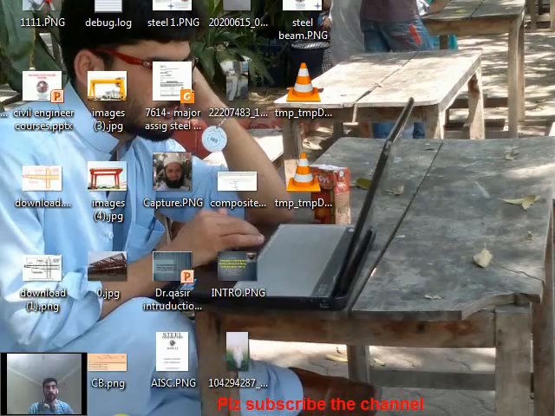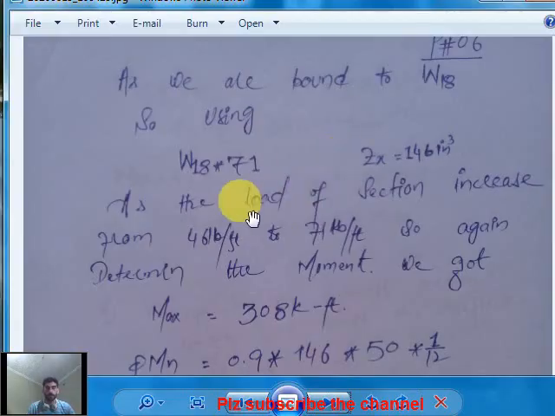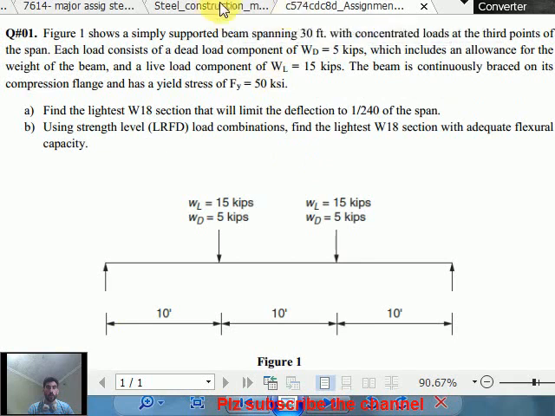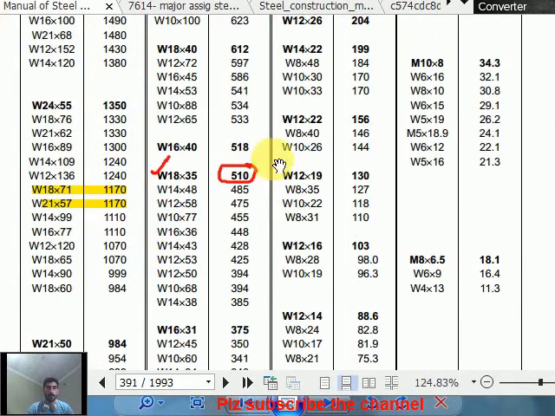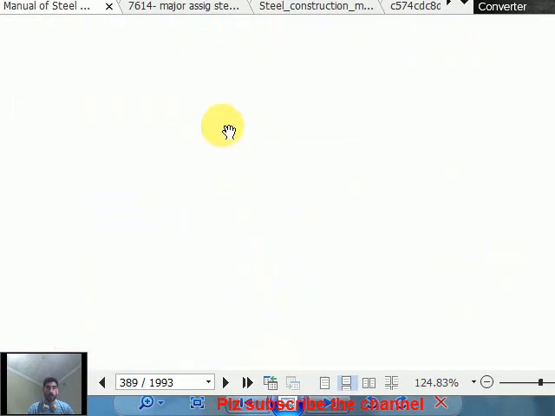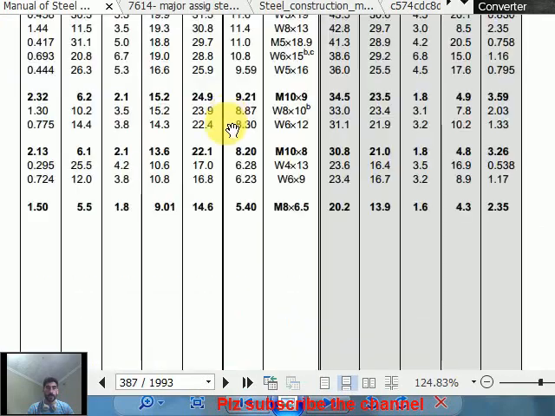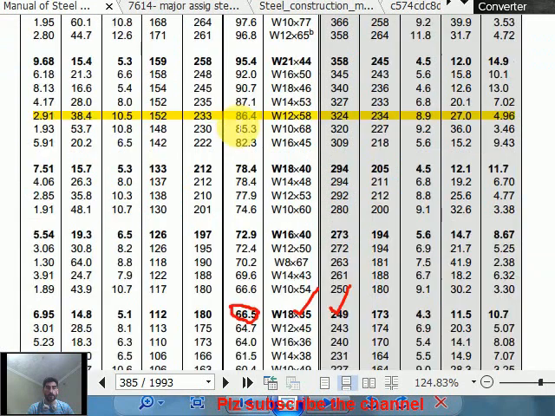So W18x71 has a ZX of 146. For this you need to go to your table, where the table is here. You have to scroll up and go back to that position where we were already.